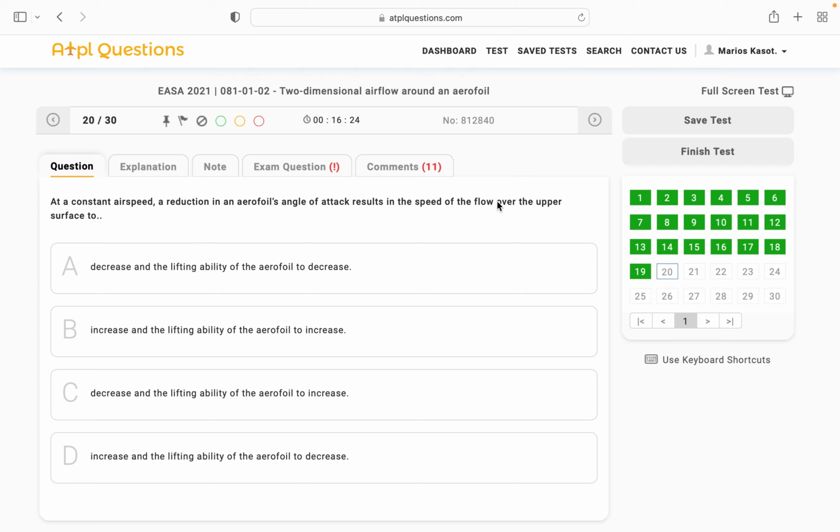At a constant airspeed, a reduction in an airfoil's angle of attack results in the speed of the flow over the upper surface to a reduction in the angle of attack. Decrease, decrease.